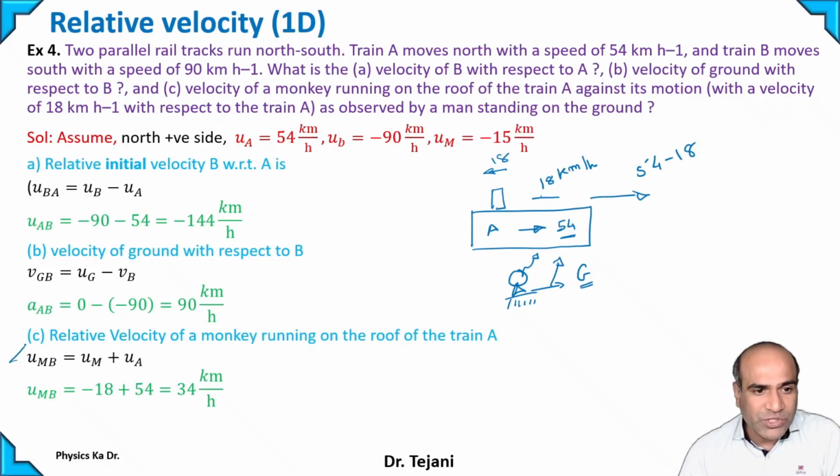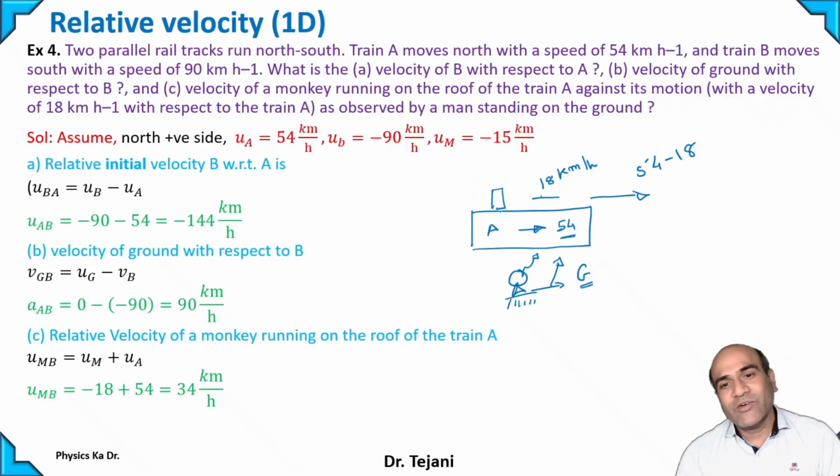This last question is tricky. Last C part is very tricky, that we need to understand. When we talk about relative velocity here, it is not with train and monkey, it is relative velocity with the ground and train, that we need to understand clearly.